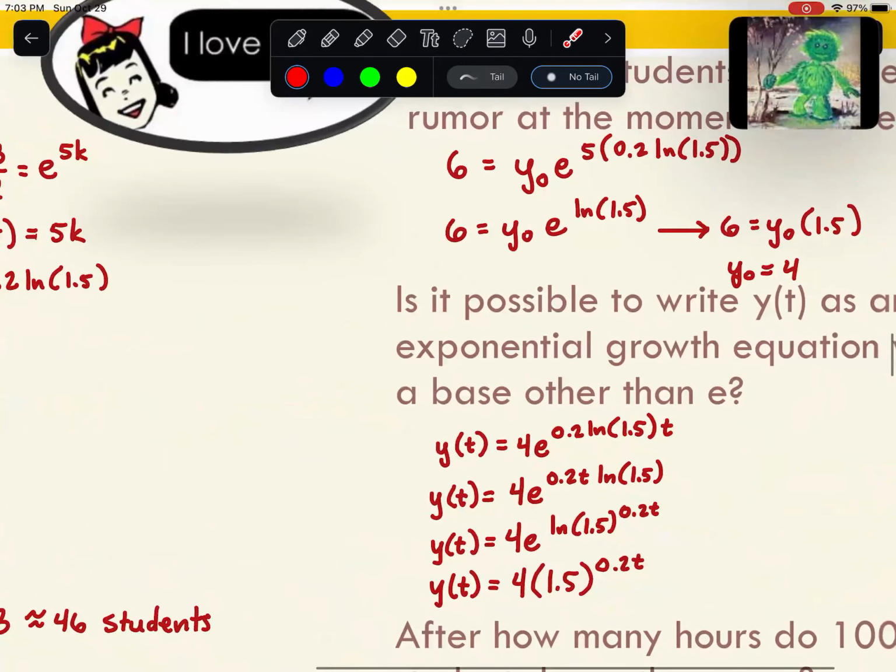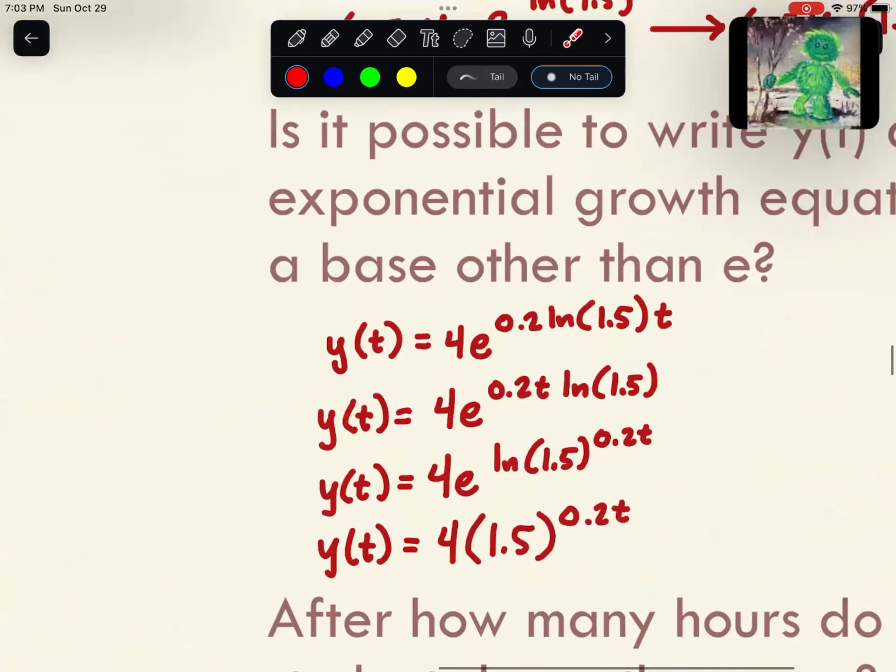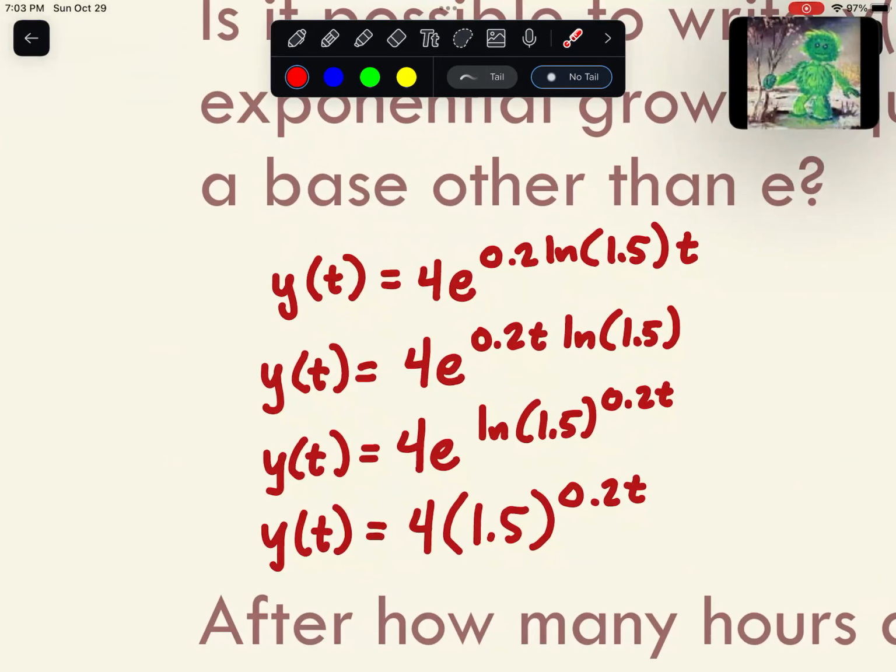Here is our equation once again. Okay. What I'm doing in the next step is I'm just reorganizing some parts of this exponent. I put the t with the 0.2 because this multiplier in front of the log can come up onto the 1.5 as an exponent.